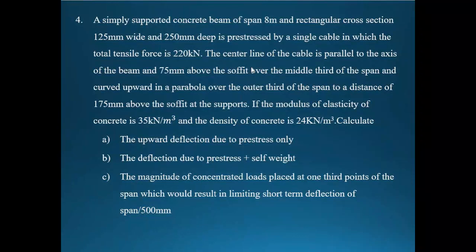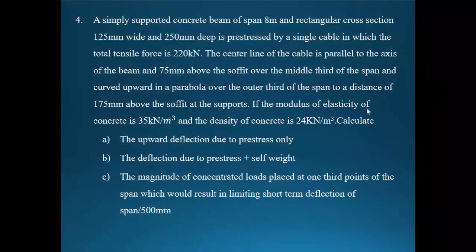See, only at the center of L by 3 that portion will be horizontal. Afterwards, towards right and towards left of that line, there is a parabolic variation. And till where it has got extended? It has got extended up to 175 mm.